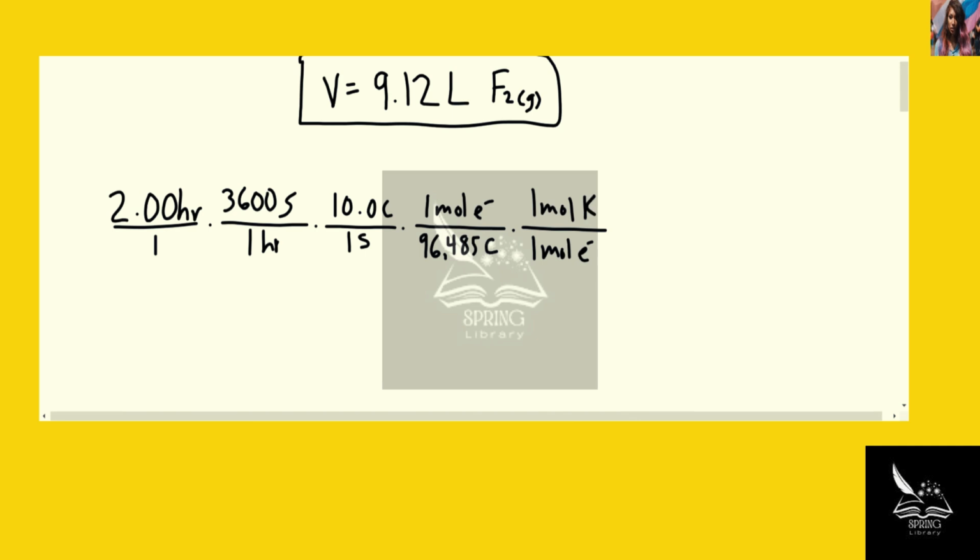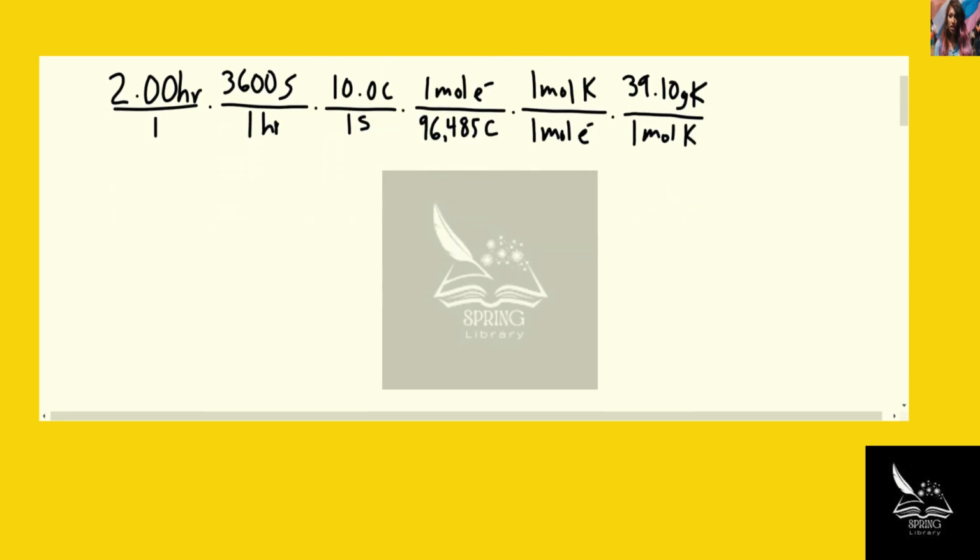And now to find the total mass of potassium that was plated out, we use a molar mass to say that 1 mole of potassium corresponds to 39.10 grams of potassium from the periodic table. And when we multiply that all out, we should get a final answer of about 29.2 grams of solid potassium that was produced.